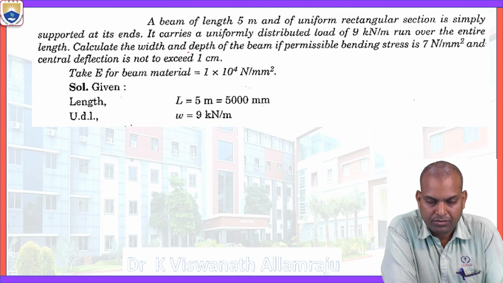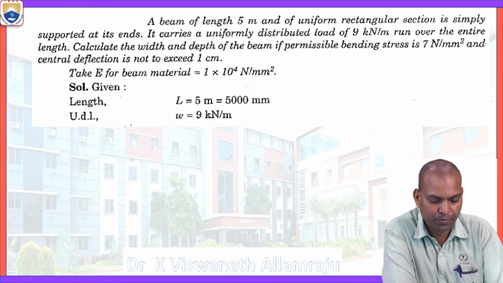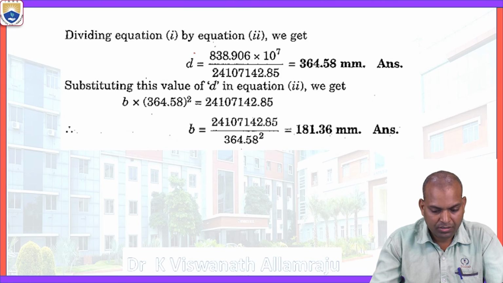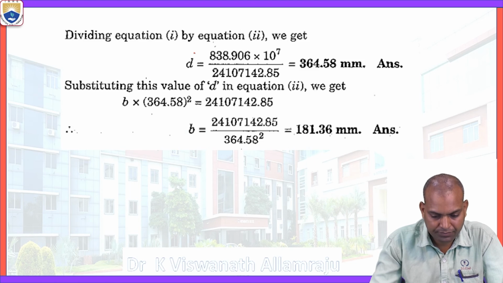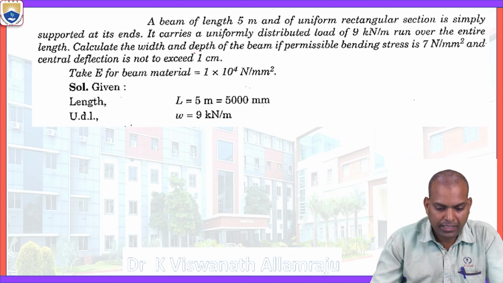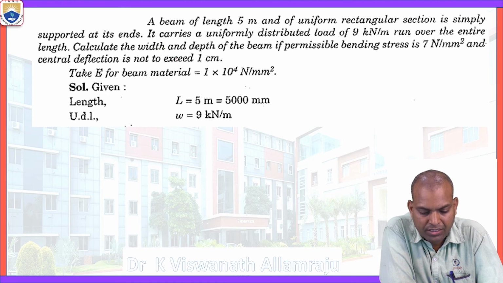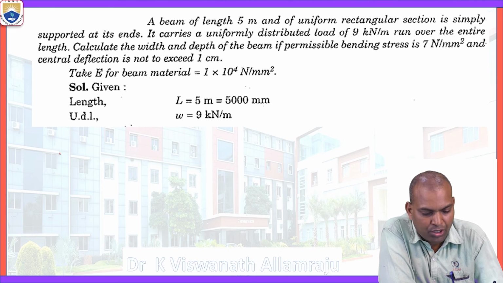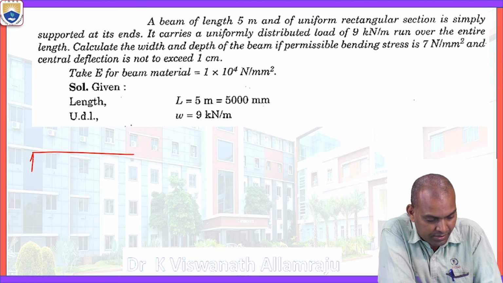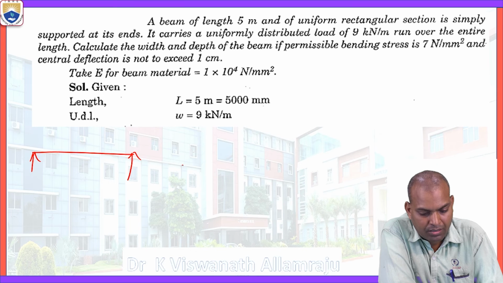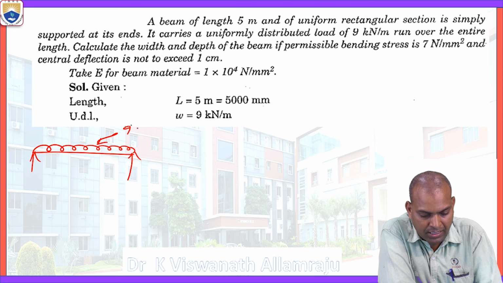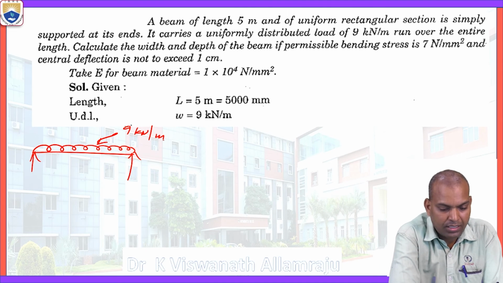A beam of length 5 meters and of uniform rectangular section is simply supported at its ends. It carries a uniformly distributed load, again 9 kilonewtons per meter, running over the length.